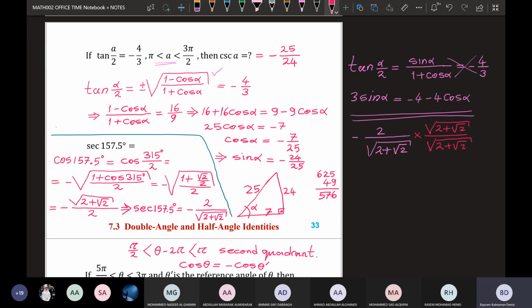All right. Then you get negative 2 times root of 2 plus root 2 divided by, so root will cancel, so you'll get inside is 2 plus root 2, right?